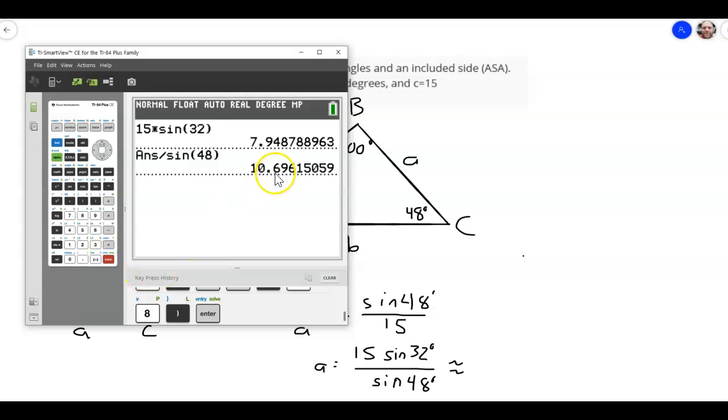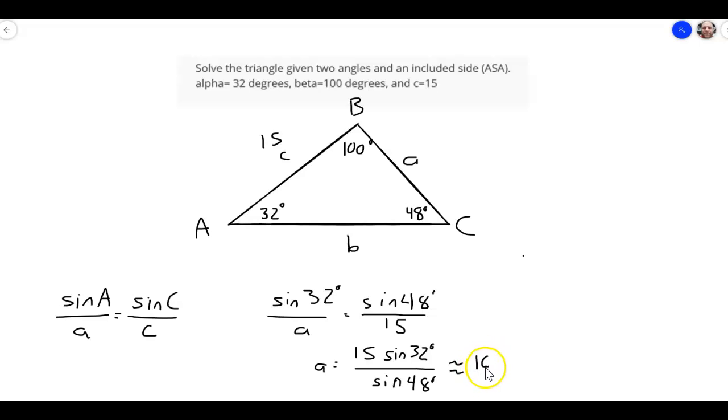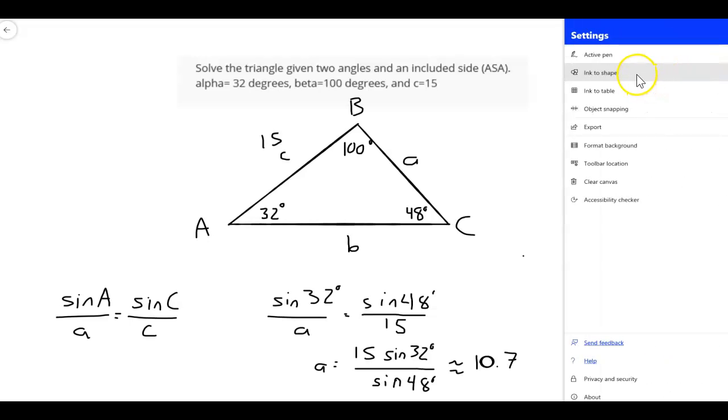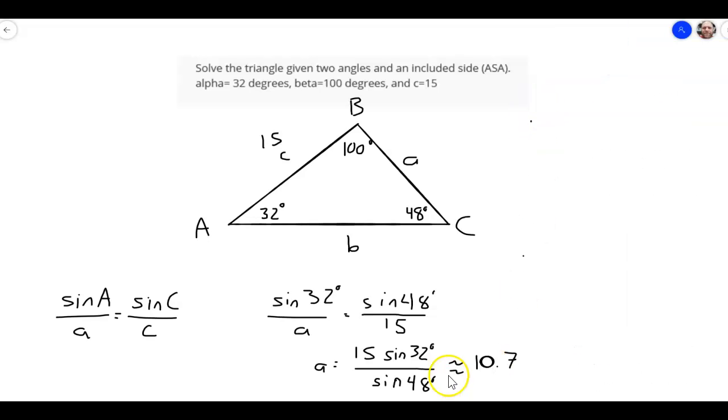That's approximately 10.7. Oh, I still have the shape thing on. Let me turn the shape off. All right. And so that would be my little a. So we'll put 10.7.